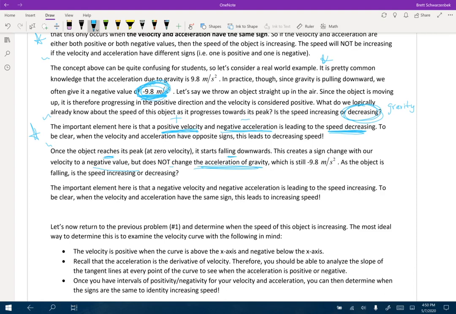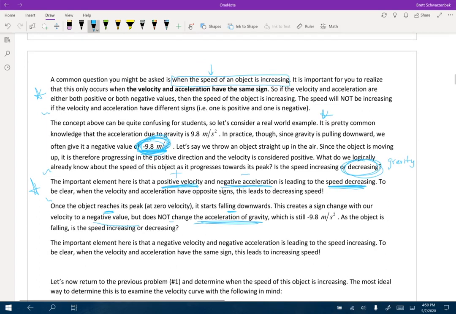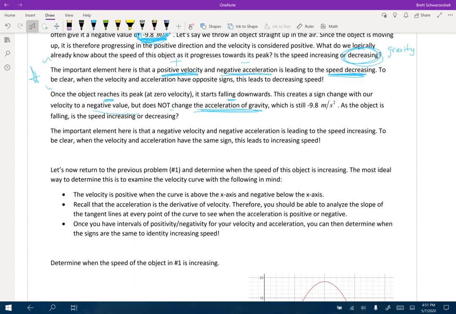So look, velocity and acceleration have the same sign, and based on what we said, velocity and acceleration have the same sign only when the speed is increasing. But what do we know about an object that's falling to Earth? Isn't it increasing in speed?